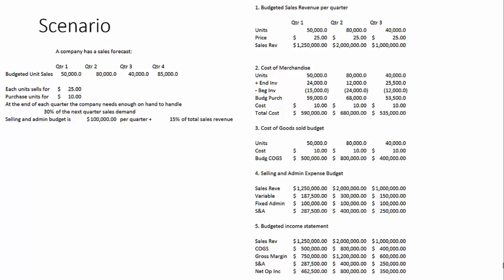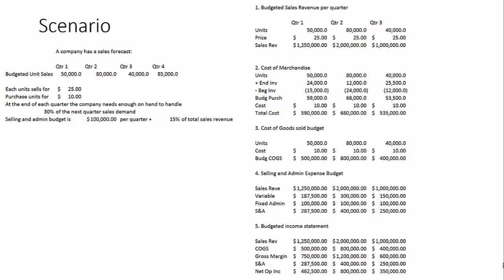So $1,250,000 minus $500,000 gives us a gross margin of $750,000. Then we subtract from that the selling and admin budget that we calculated in part 4 of $287,500, and that gives us a net operating income of $462,500. And then you can do the same calculations for quarter 2 and quarter 3.